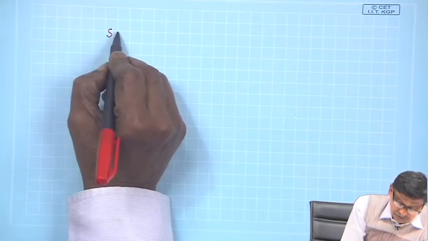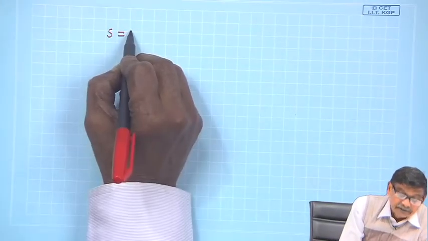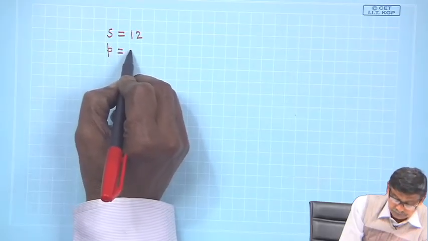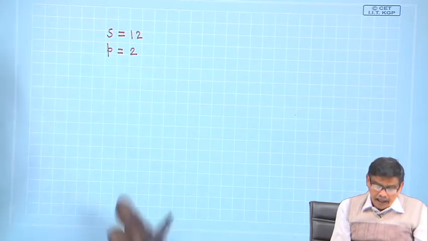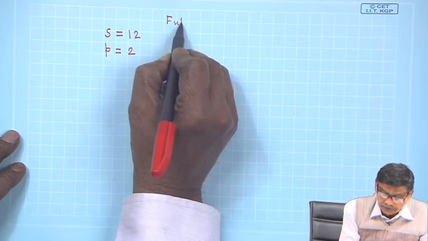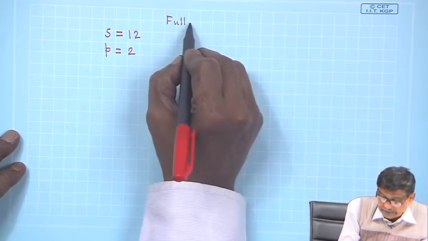Suppose the total number of slots is 12, no harm in repeating that problem, and p is equal to 2. So, I want to use a full pitched coil. We will come to short pitched coil slightly later.